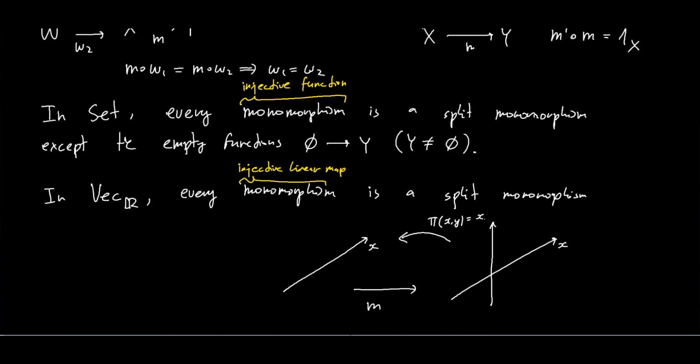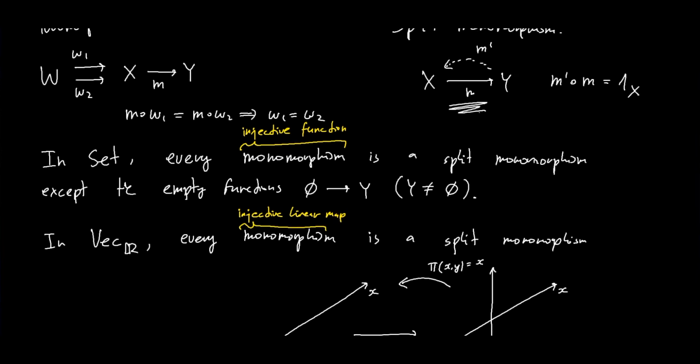And that function will turn out to be a one-sided inverse of the injective linear map you started with.